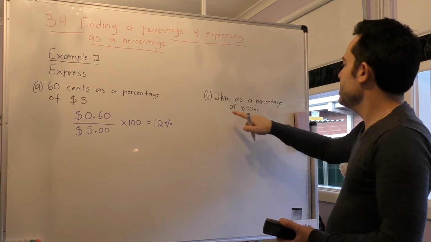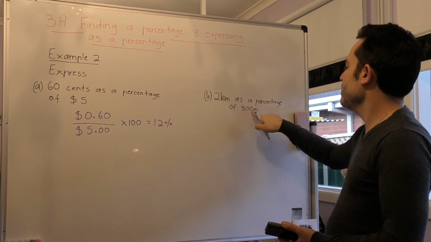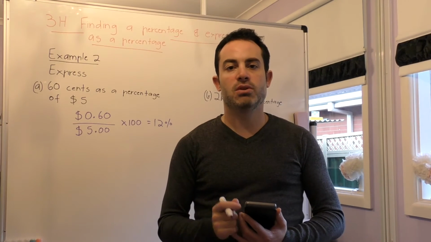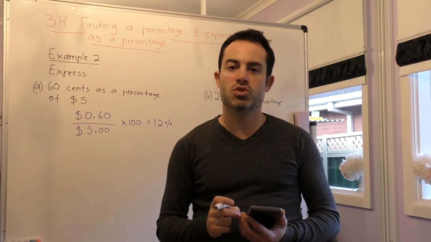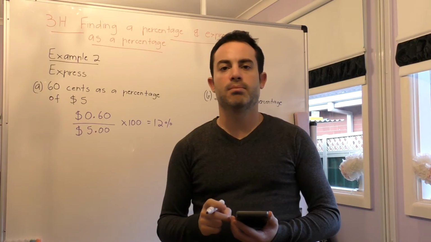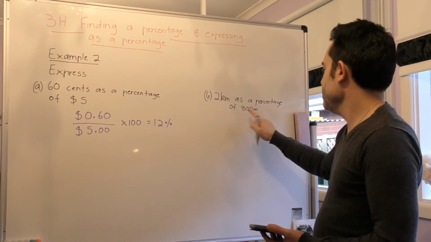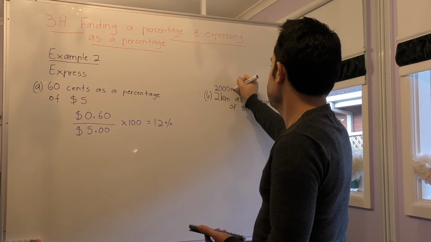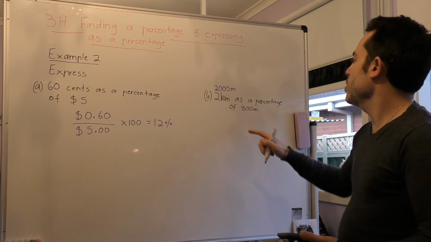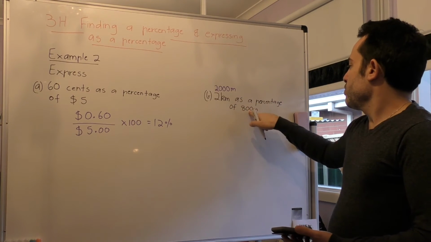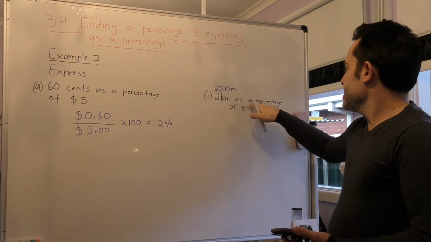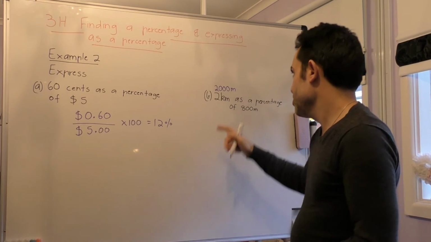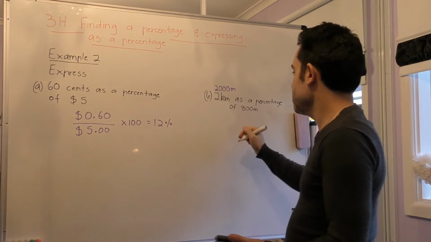Alright, moving on to the next one. It says 2 kilometres as a percentage of 800 metres. Again, they've given us different units, so we need to convert them both to the same unit. I'm going to choose to convert them both to metres. This is already in metres, so I'm going to convert this one to metres. 2 kilometres is 2,000 metres. Now we're going to write that as a fraction. It says 2 kilometres as a percentage of 800, so it's going to be out of 800, and 2,000 is going to go at the top.